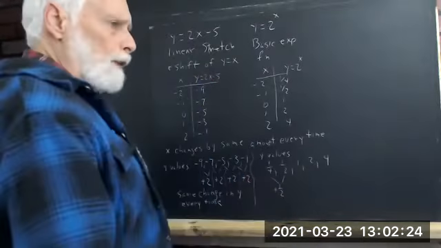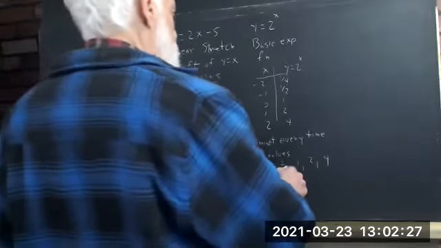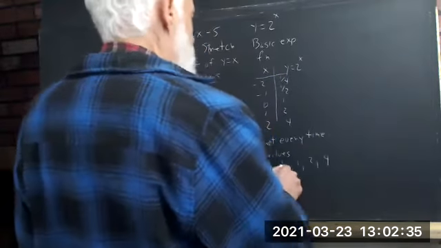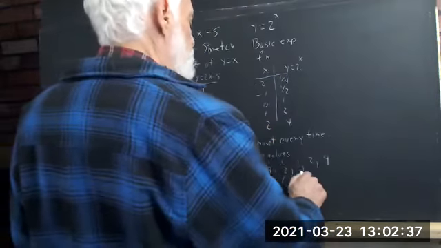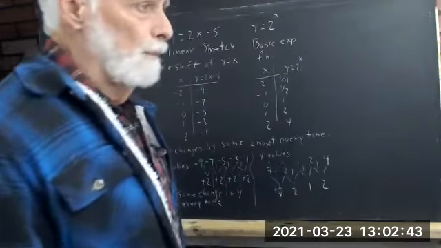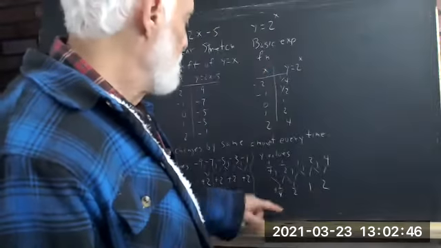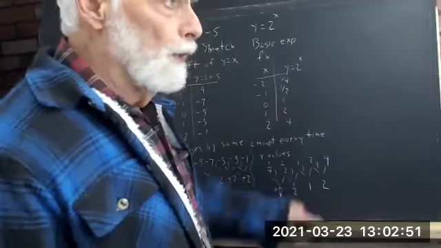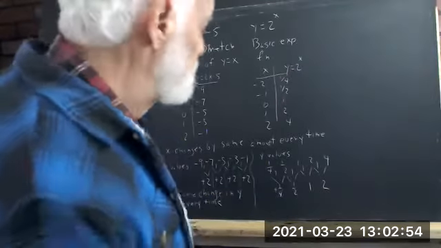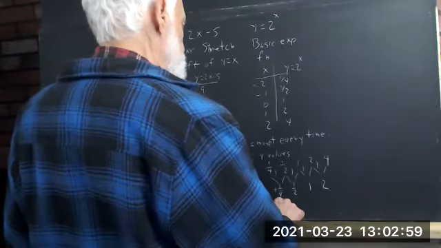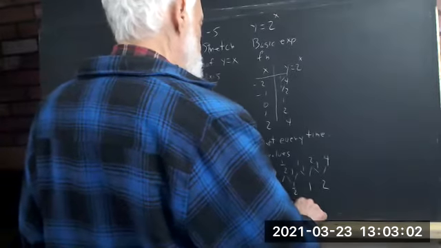To get from 1/4 to 1/2, you've got to add 1/4. From 1/2 to 1, you add 1/2. From 1 to 2, you add 1. From 2 to 4, you add 2. Now, coincidentally, for this particular function, these numbers just mimic these numbers. That won't always be the case, but these are not all the same. Okay? These are different.